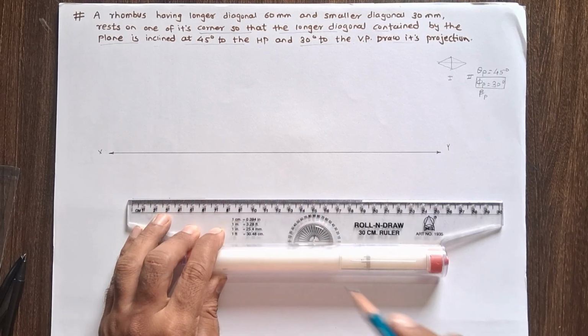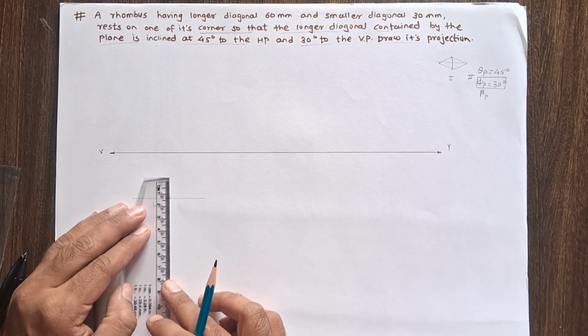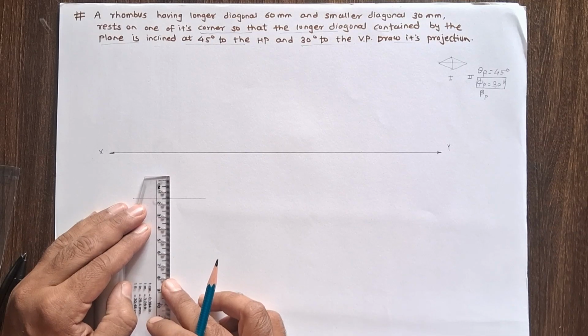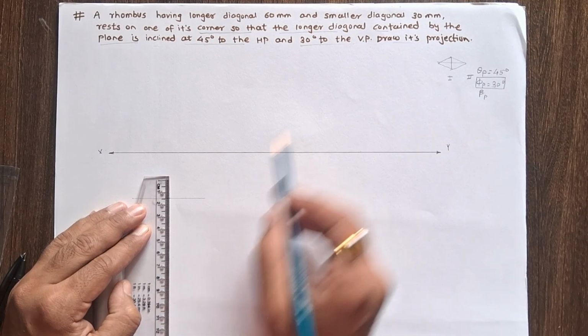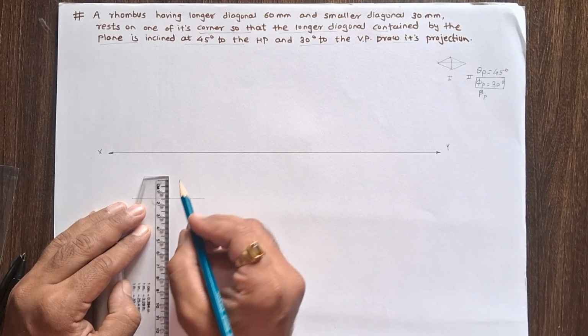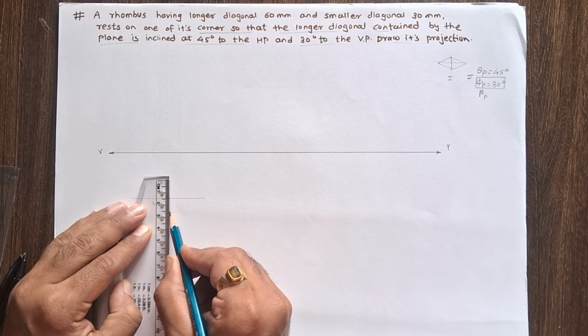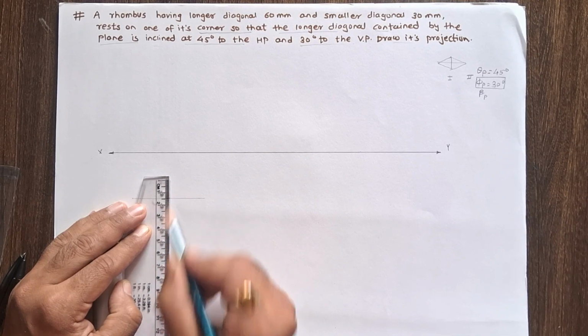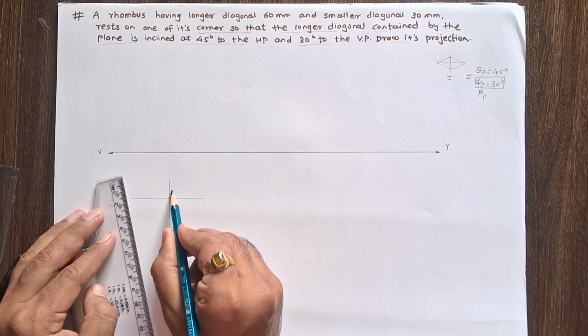Find the midpoint of this horizontal diagonal and from this midpoint draw the 30 mm smaller diagonal. So draw 15 mm above this horizontal diagonal and 15 below it.